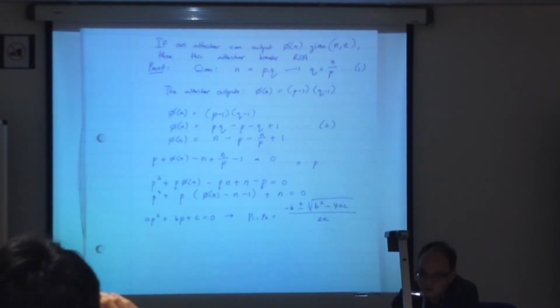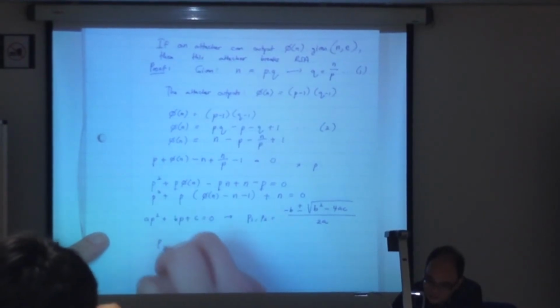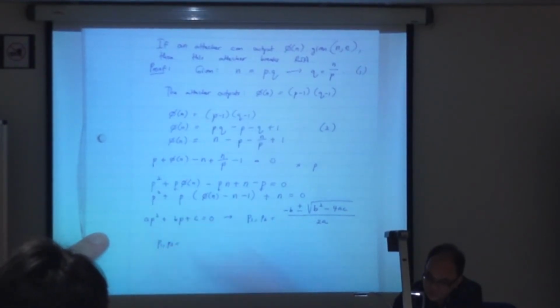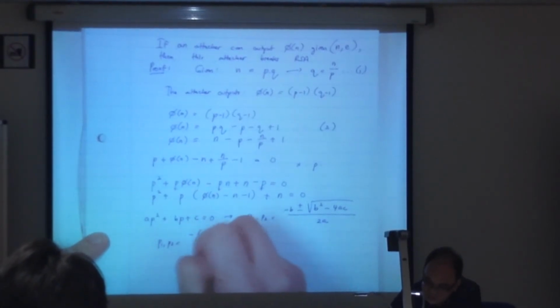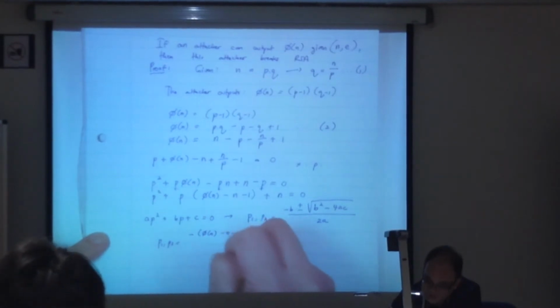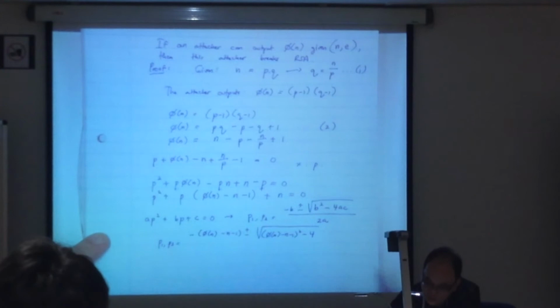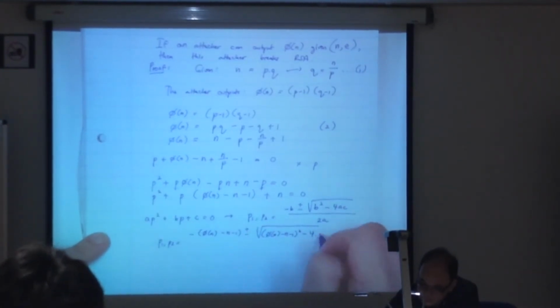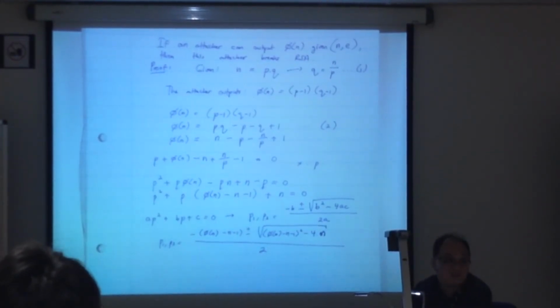Now you can compute P1 and P2, which will be equal to minus b, that means minus (phi n minus n minus 1), plus or minus the square root of (phi n minus n minus 1) squared minus 4 times 1 times c, where c is n, all divided by 2. So you will get two results from here.